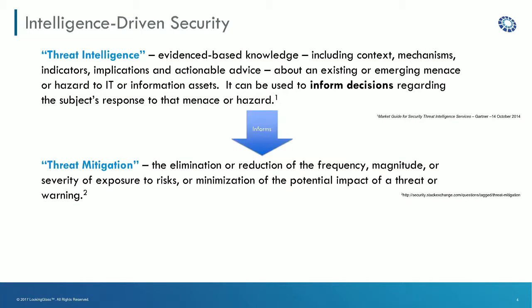So how does that intelligence then manifest itself downstream in other aspects of the security organization? Well, it definitely informs threat mitigation actions. It does not necessarily mean that all intelligence will be able to be acted on, but ultimately, the more evidence you have and the more accurate information you have, the more tangible a threat mitigation response is possible.